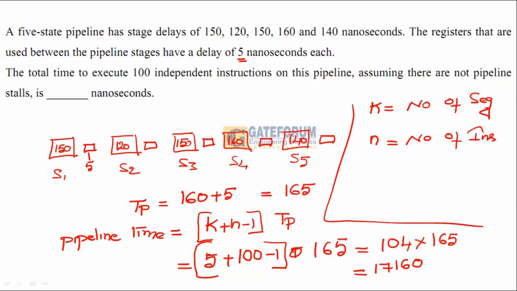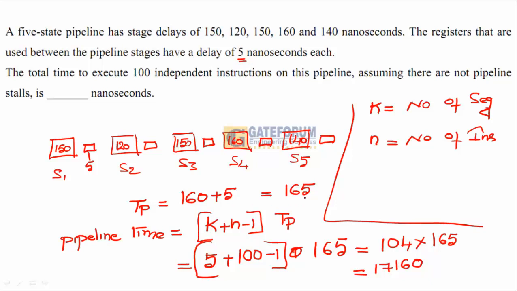As K is equal to 5 and the number of tasks is equal to 100, K plus N minus 1 will become 104. 104 into 165. What is 165? That is TP. How to calculate TP? TP is the max stage delay plus max register delay, which is equal to 165.